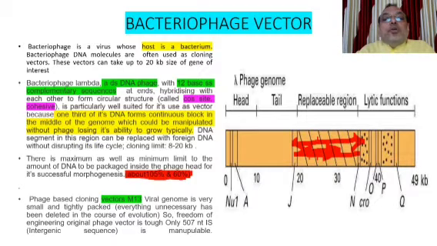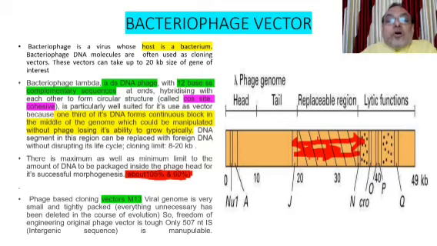Whereas in case of lysogeny, they enter into the host genome, and for that part of the life cycle they are called prophage, and prophage multiply along with the host genome and do not cause cell lysis.